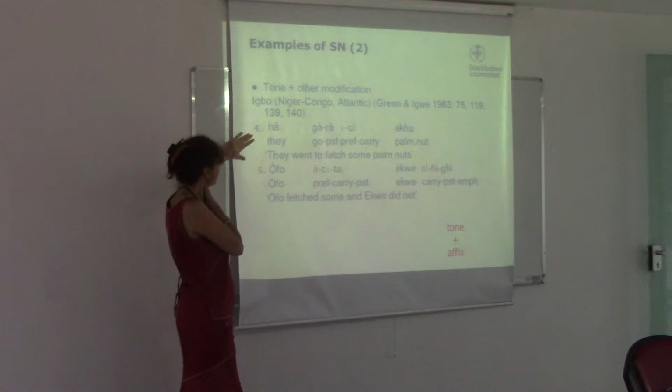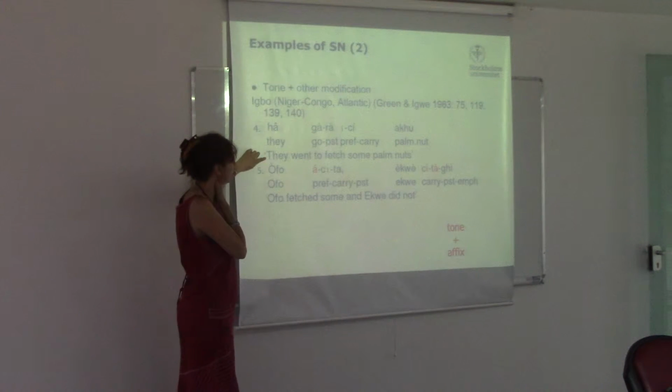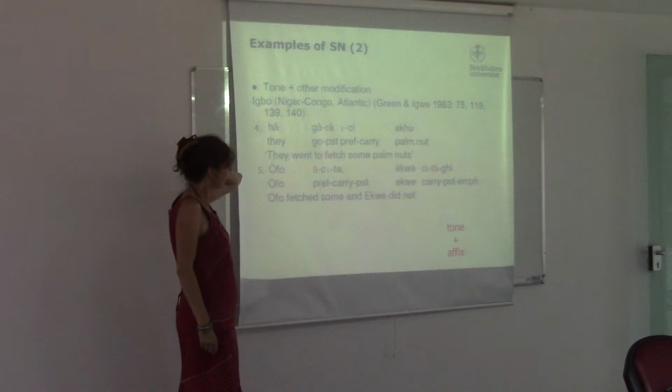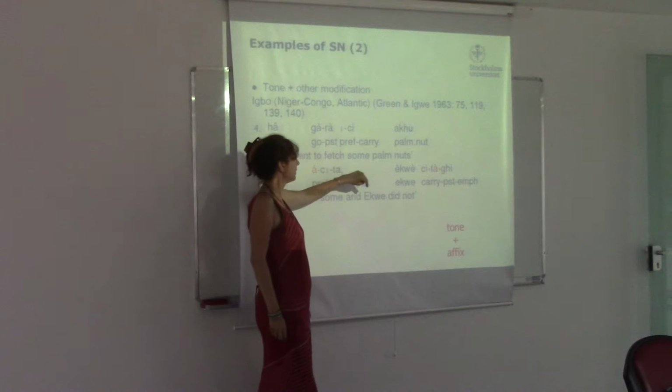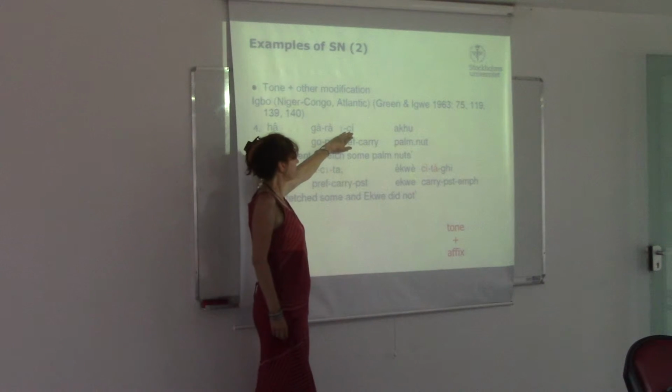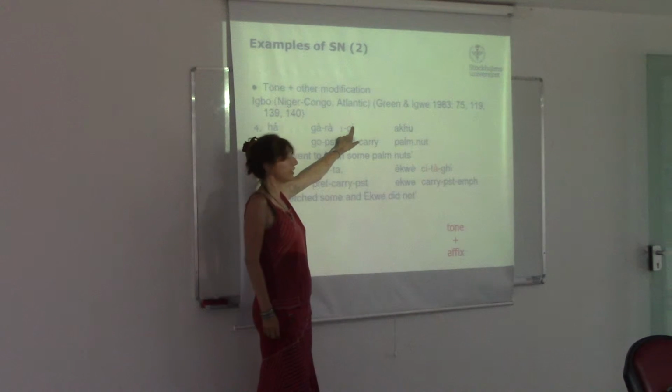So what happens here is we have a sentence, "they went to fetch some palm nuts," and it's the verb carry that we look at. The stem is something like chi, and it has a high tone in the affirmative sentence.